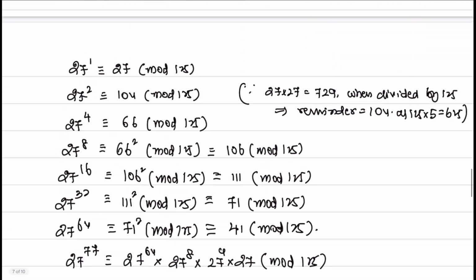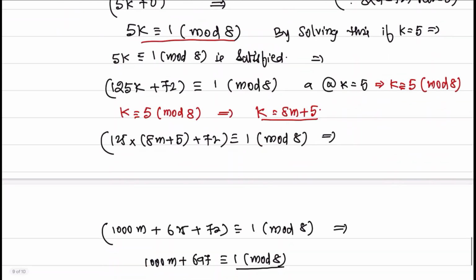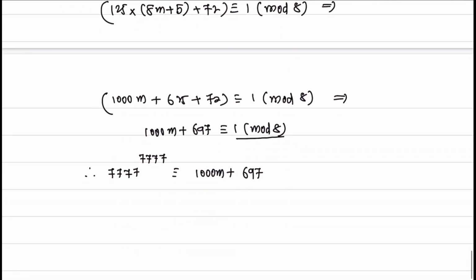Actually both are converted to mod 8. When they are converted to mod 8, 1 mod 8, it comes into the form of 1000m plus 697 into mod 8, 1 mod 8.